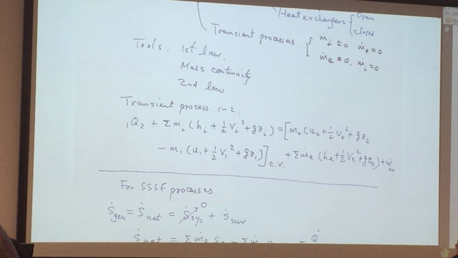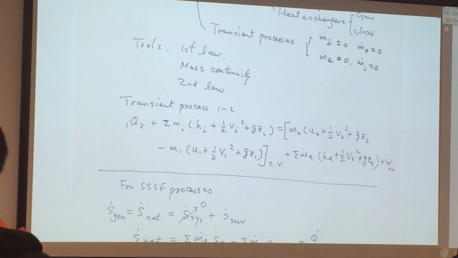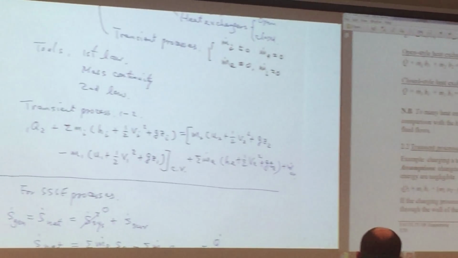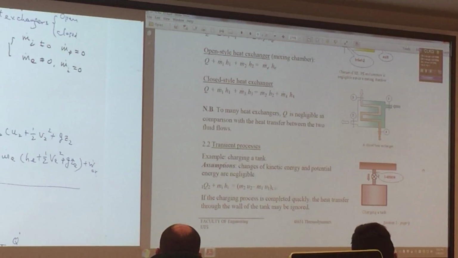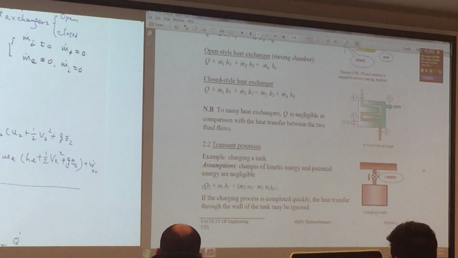I promise we don't go to any particular examples yet. If it's gas leaving the system, actually the properties change. In that case, we use the average property from the initial and the final state.